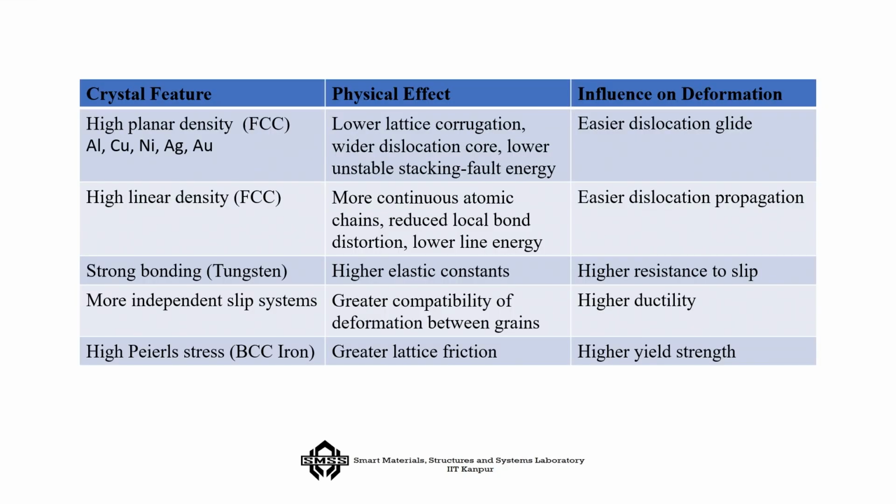Now here you have to keep this point, that the implication of it, that crystal feature FCC is going to have high planar density. For example, aluminum, copper, nickel, silver and gold. Okay?